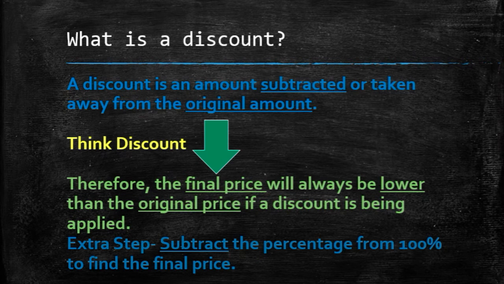So that price is going to be going down. So the final price will always be lower than the original price if a discount is being applied. So the extra step there is actually subtracting the percentage from 100% to find the final price. So it's opposite of markup. Discount is opposite of markup. So you're subtracting rather than adding.